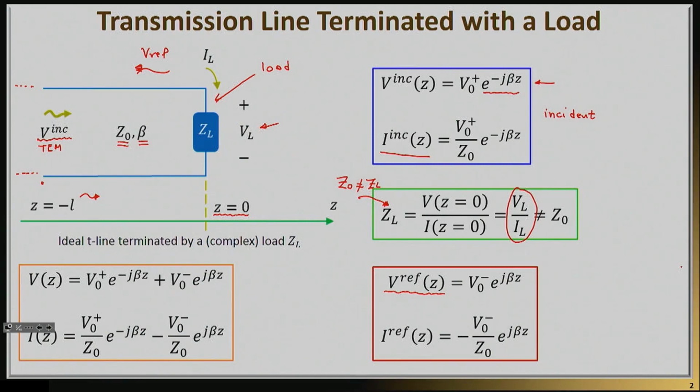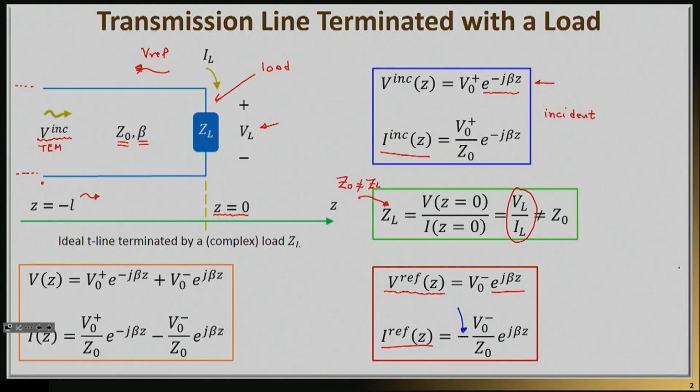Now this one is propagating towards the negative Z, so this will be e to the j beta z. And the corresponding current wave is going to be given by negative V0 minus over Z0 e to the j beta z. This negative sign simply comes from the fact that if you take the voltage wave and plug it into the telegrapher's equations, you will get this reflected current wave.